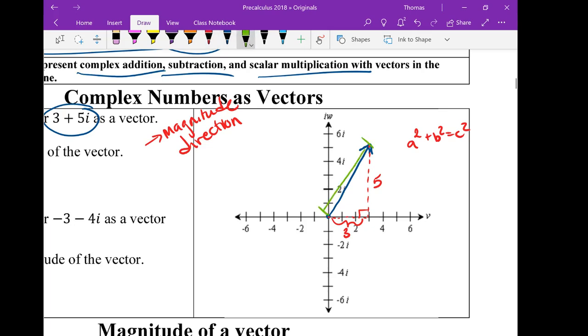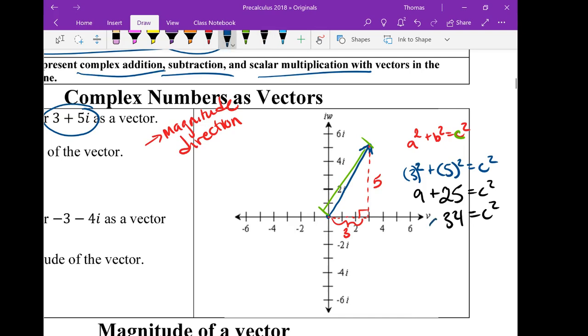I'm going to highlight it in green. We're looking for that length in green. We know that a is 3 and b is 5, so we'll plug those in. 3 squared plus 5 squared equals c squared. Simplifying, that's 9 plus 25 equals c squared, so 34 equals c squared.